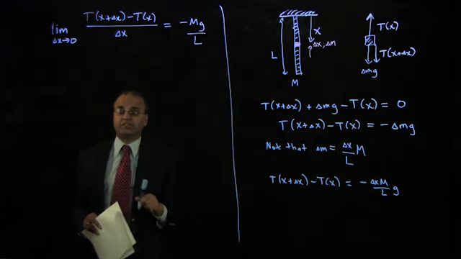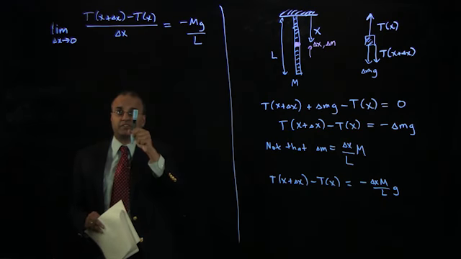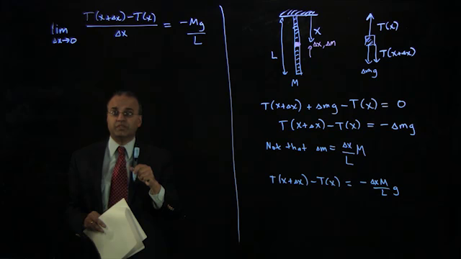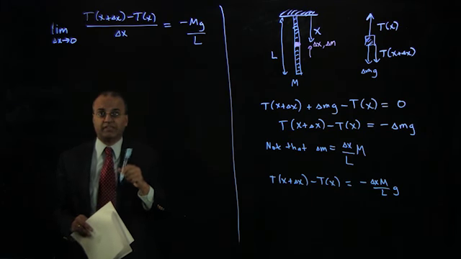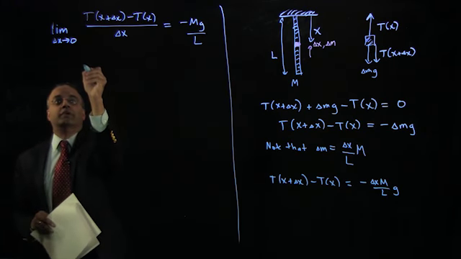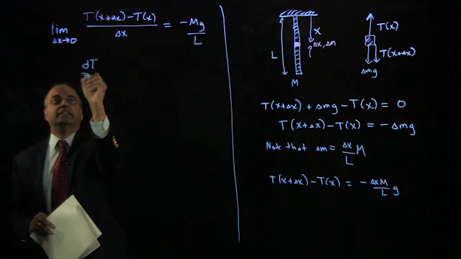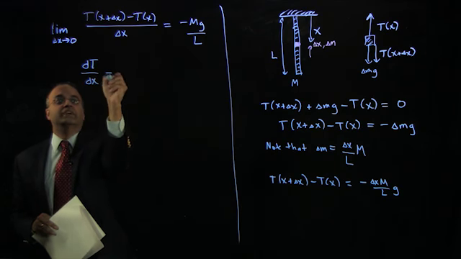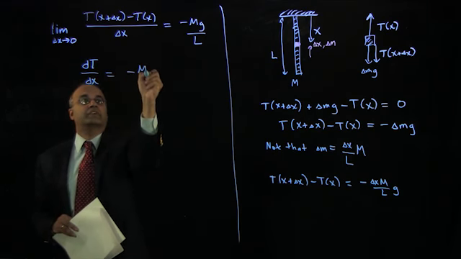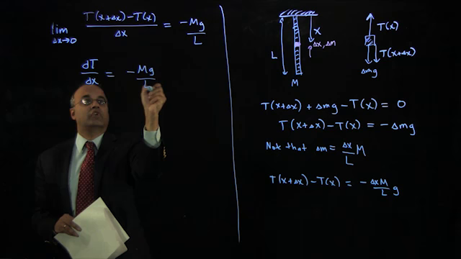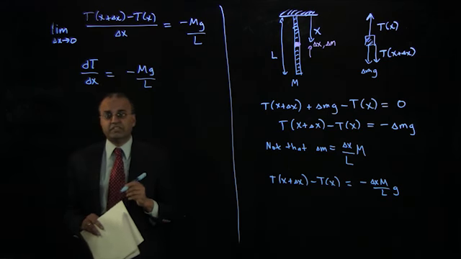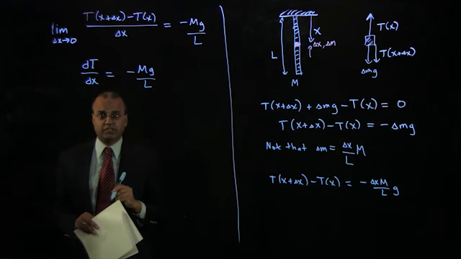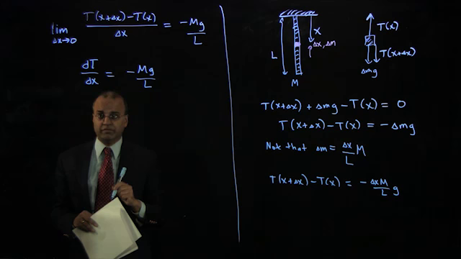Now, the left-hand side of this equation should look familiar. It's just an expression for the derivative of the tension T as a function of position. So I can write that as dT/dx, and that's equal to minus mg over L. This is an example of a differential equation, or an equation that involves a derivative.